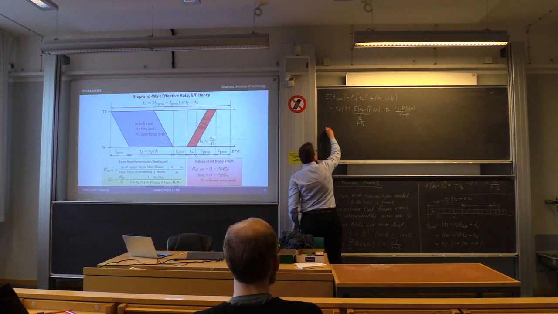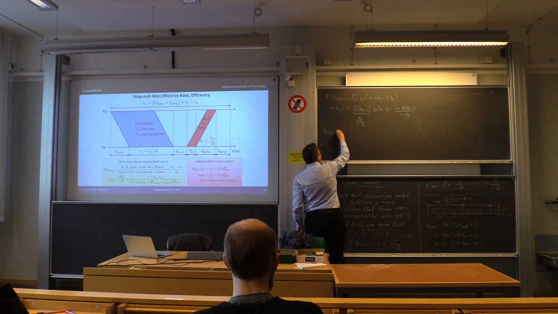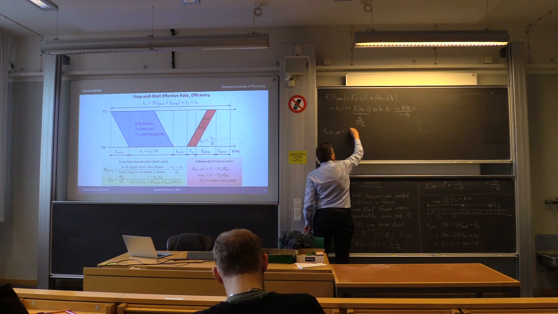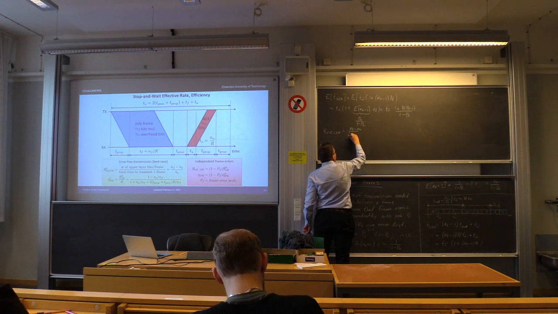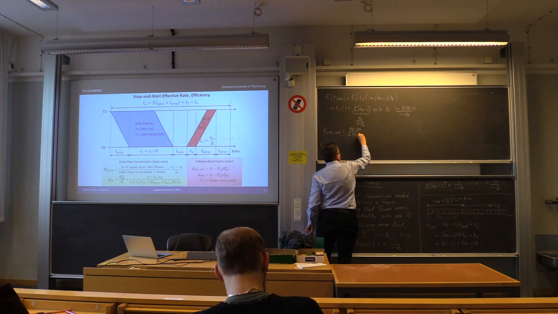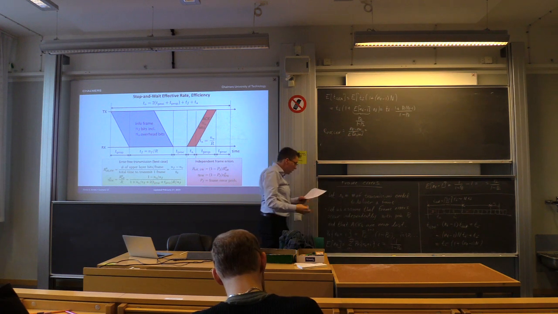Okay, so what we're after is then the effective rate for go back n, which is then nf minus no divided by the average time it takes to deliver the packet. So the expected value of t go back n.